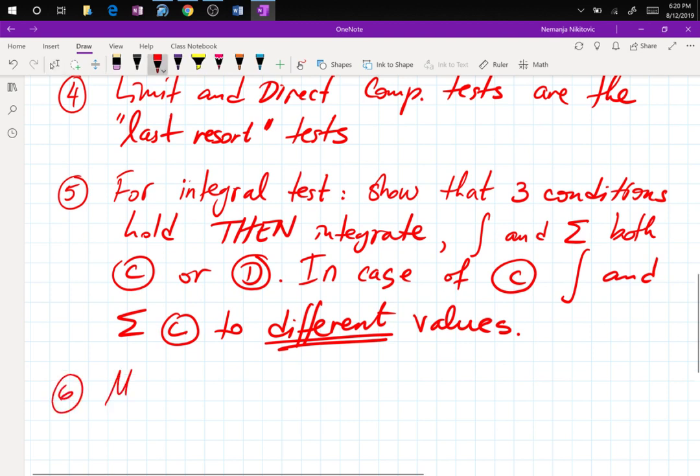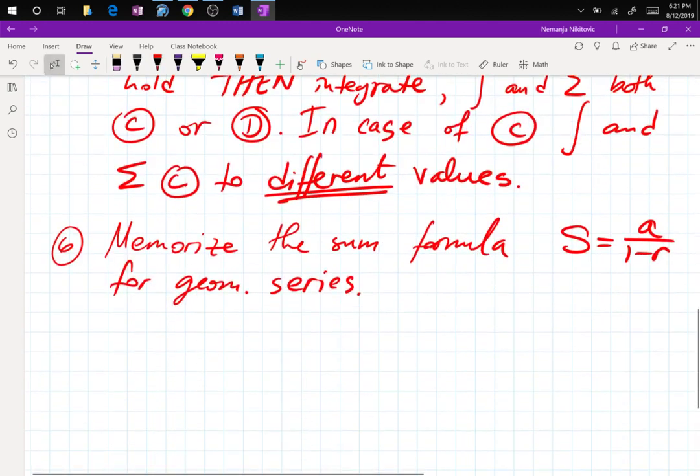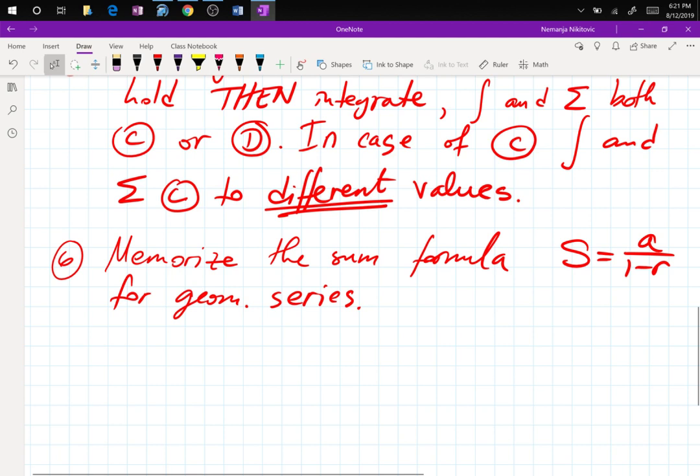6. Memorize the sum formula. S equals a over 1 minus r for geometric series, obviously. What else?